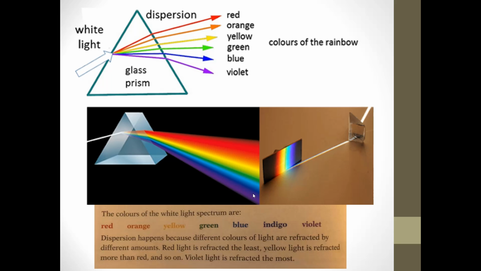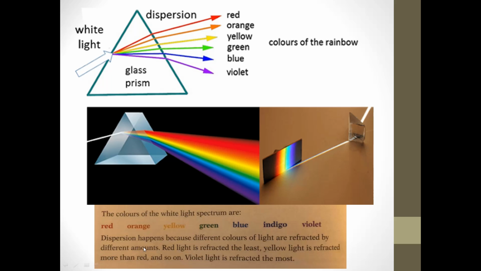Why? Because red is the least refracted color and violet is the most refracted color. So violet is refracted more than red. Because of that, we can see dispersion, since the colors have different refractive angles.